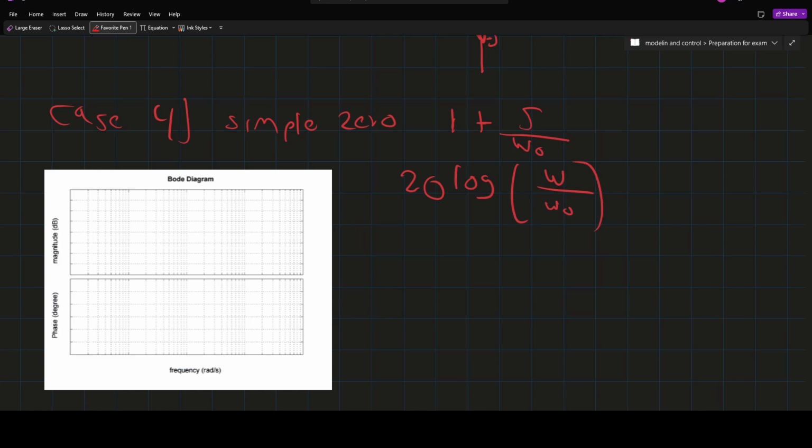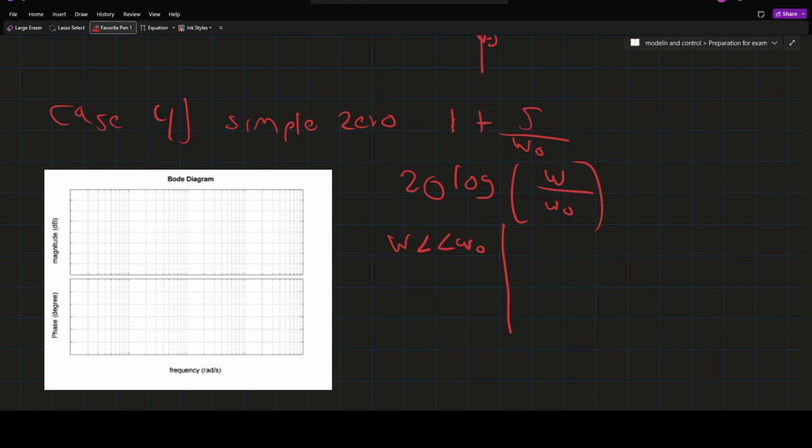So this time we are going to think what happens when omega is a lot smaller than omega naught. So when this one is a lot smaller, this whole thing will become really, really small, almost zero.